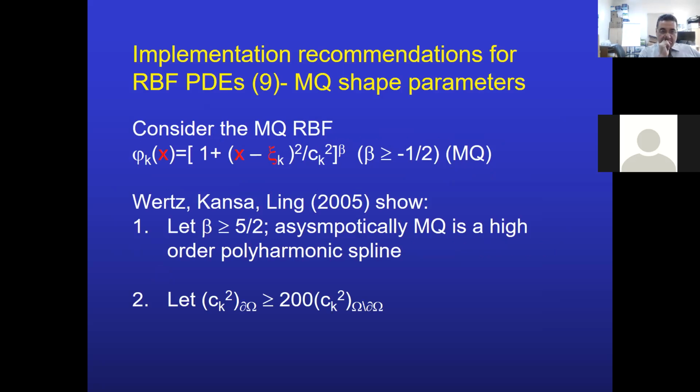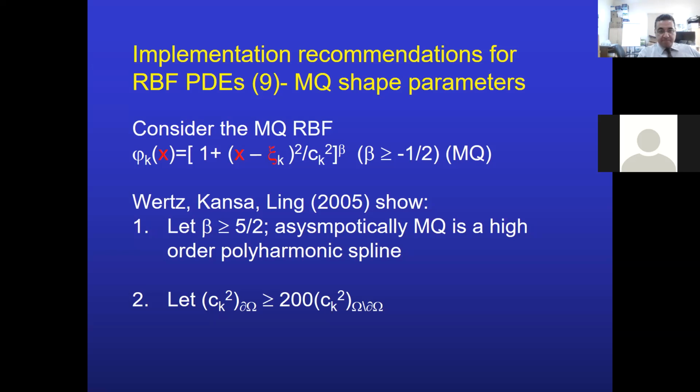So the implementation is that we have the multi-quadratic shape basis function like c k to the beta. Now beta is going to be minus 1/2 or greater.